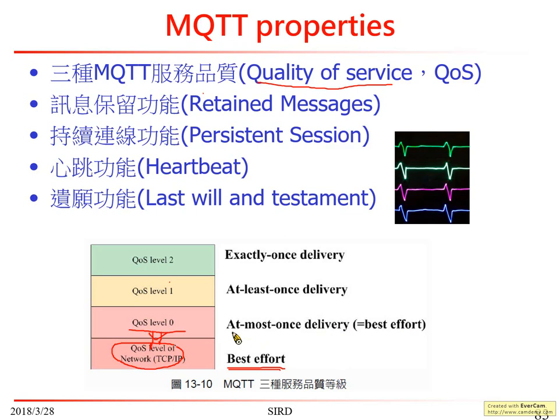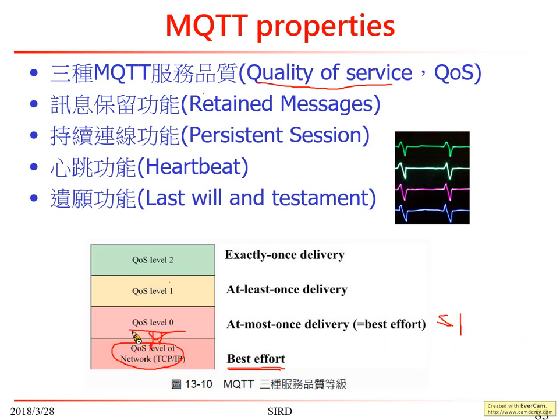So in MQTT, they define this as at most once delivery. That means the number of deliveries is less than or equal to once. If the message was sent and it's successful, then it's 1. However, it could be lost when you try to send this message, so it could be 0.